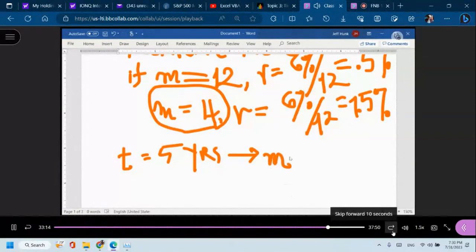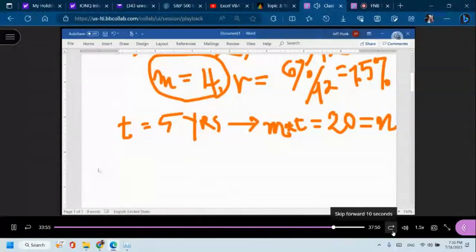In other words, M times t. So in our example, it's going to be 20 compoundings, and this is called n. So n is the actual number of compoundings. T is just generic notation for time, usually in years, but n is the actual number of compoundings.